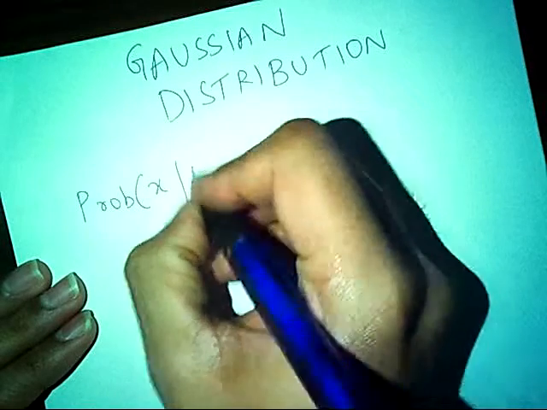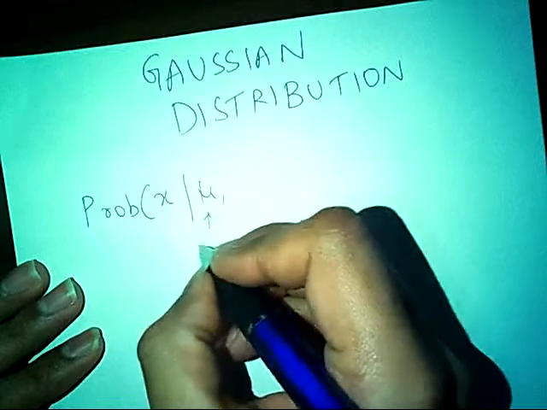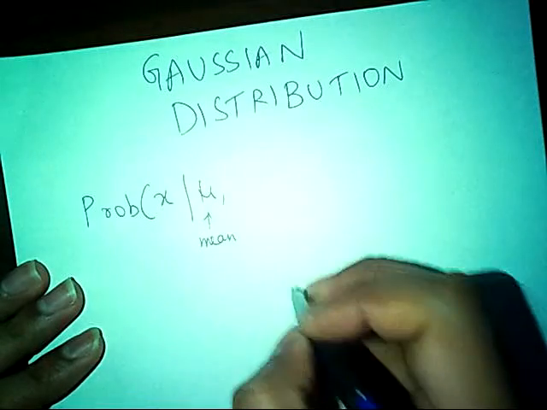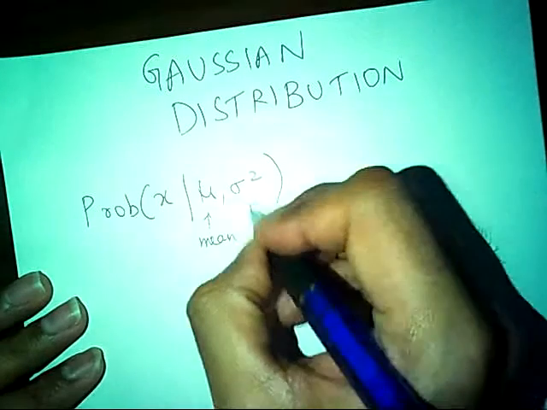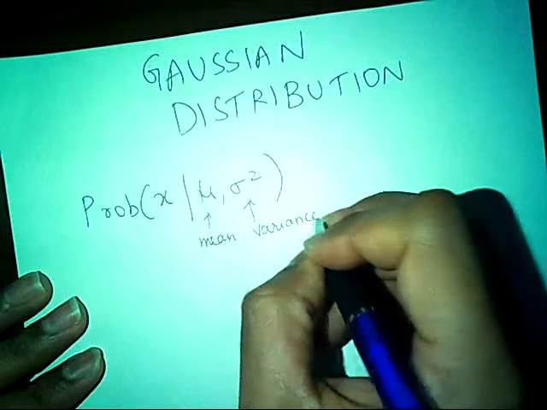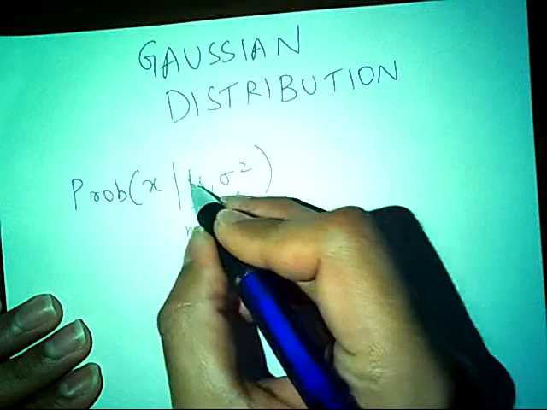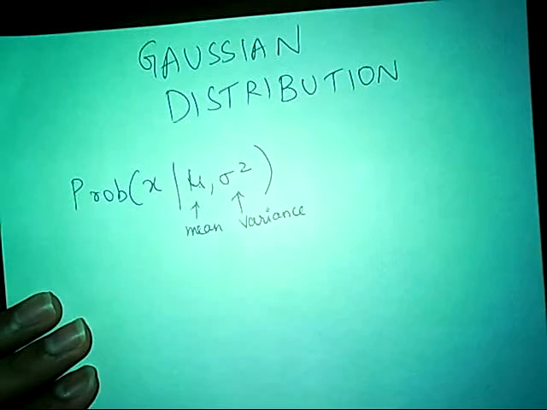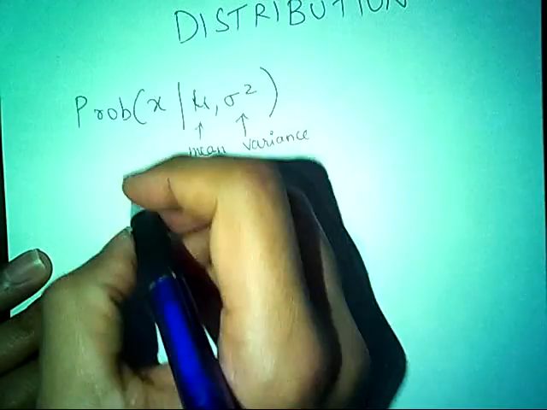which is probability of x. We are going to have two parameters here, a mean mu and a variance sigma square. Remember that the mean that we are going to denote here is different from what we saw earlier on for the other distribution.